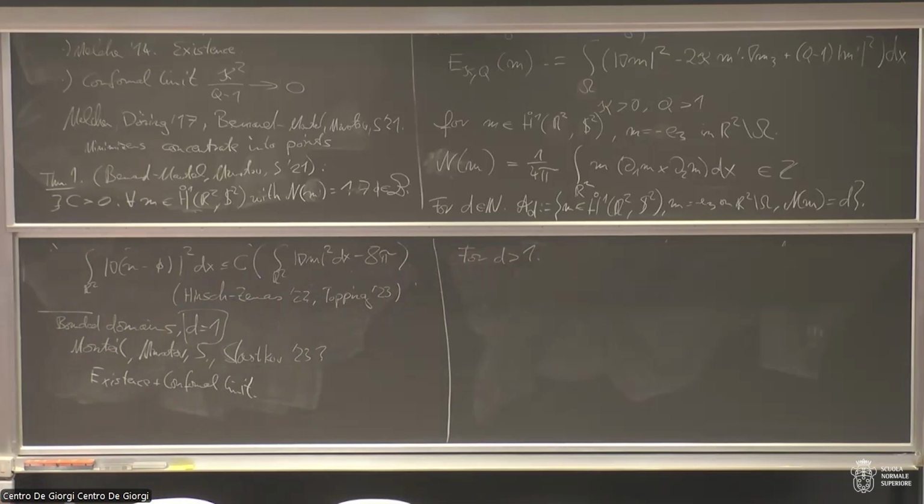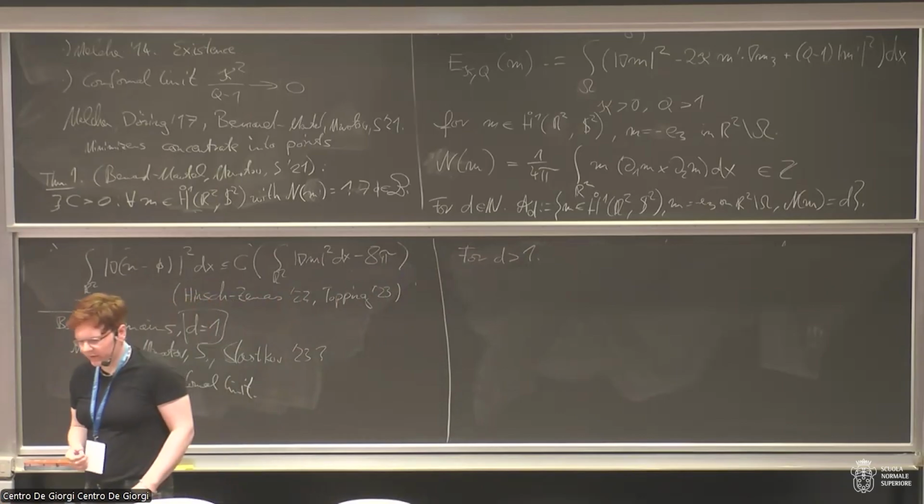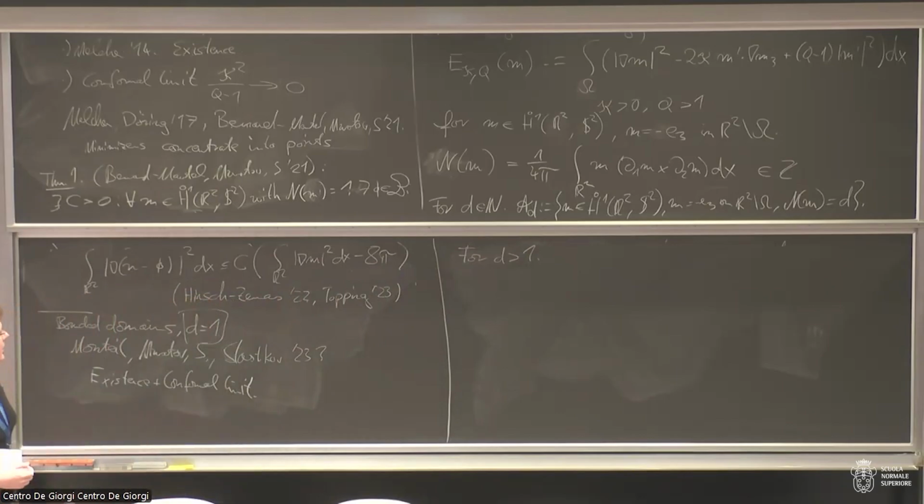So the thing about higher degrees is that the whole situation is a lot more complicated. For degree 1 we had single skyrmions, and now for higher degrees you'd expect multiple skyrmions. They could be separated from each other.